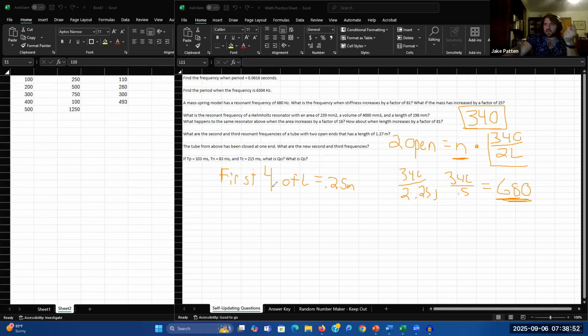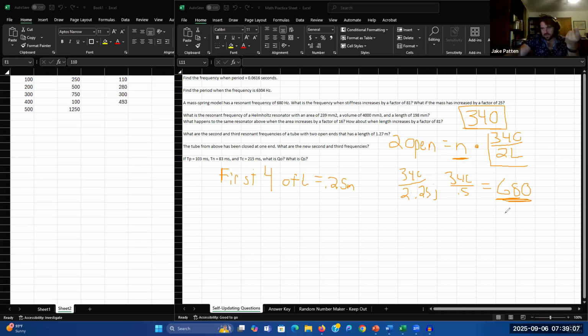We want the first 4 harmonics, so we're going to multiply this number by N, and N is the number corresponding to each harmonic we need. If we need harmonics 1, 2, 3, and 4, it's just 1, 2, 3, and 4.